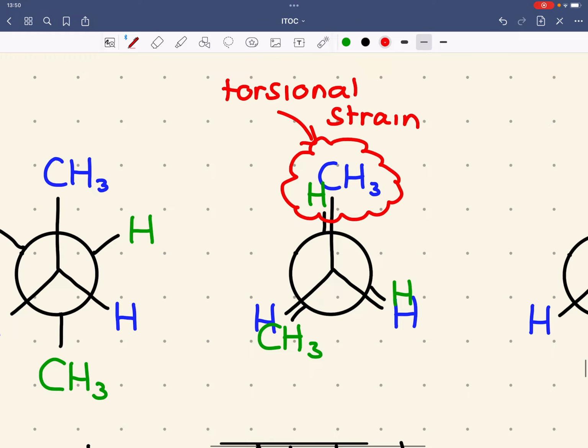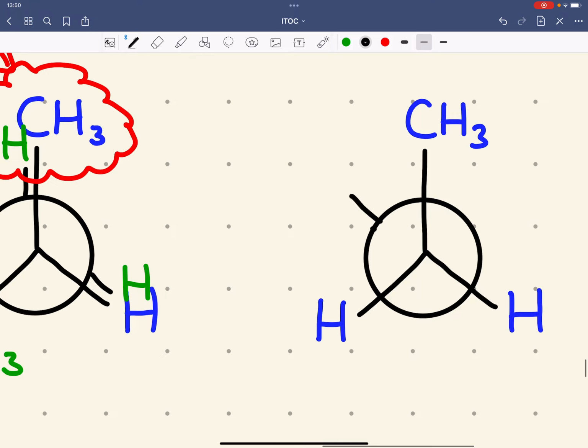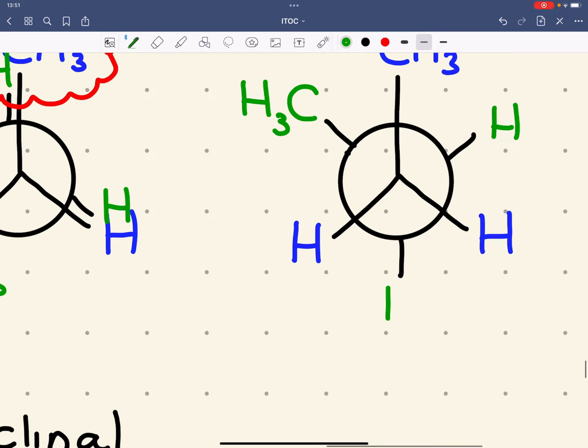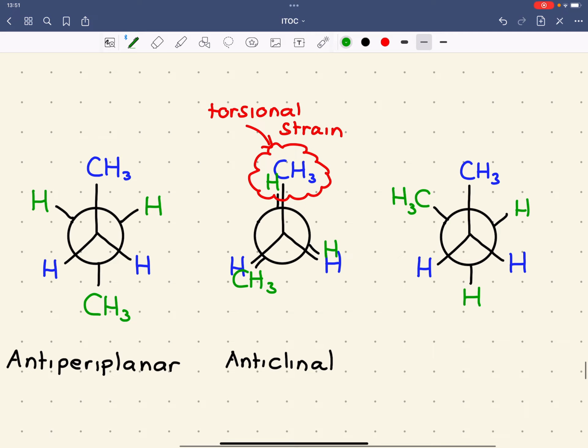What we can do is rotate this another 60 degrees, and that would give us the following conformation. We get another staggered conformation, but it's a different staggered conformation to what we looked at a little bit earlier on. Why? Because now these two CH3s are next to each other rather than being far apart.